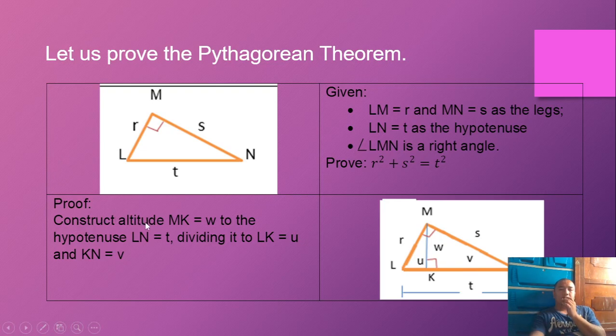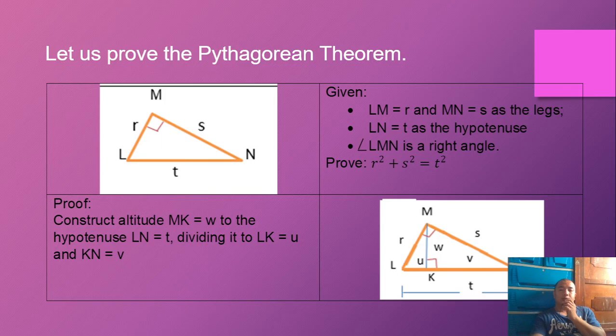First, let's construct altitude MK, which is equal to w, to the hypotenuse LN, which is equal to t, dividing it into LK, which is equal to u, this side, and KN, which is equal to v.